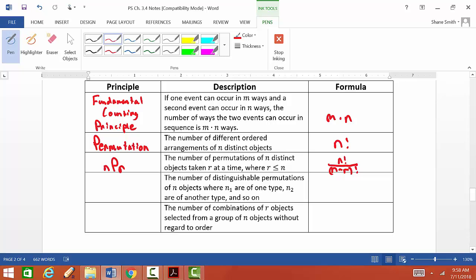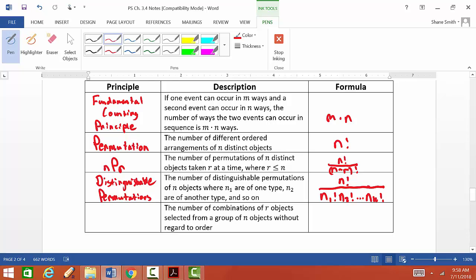There's distinguishable permutations, which is n factorial over n sub 1 factorial, n sub 2 factorial, all the way to n sub k factorial.